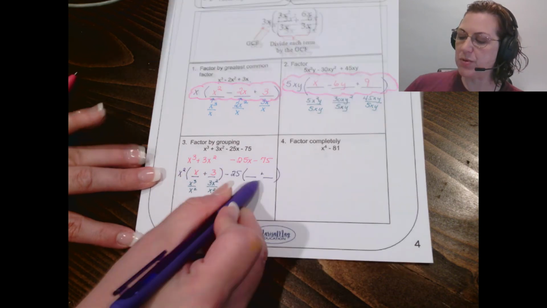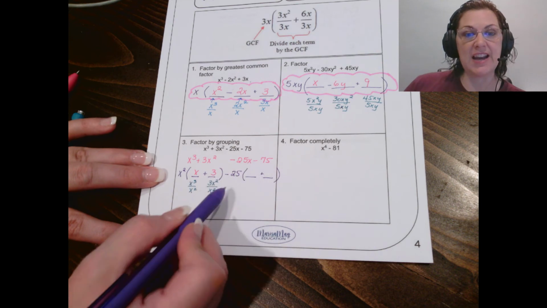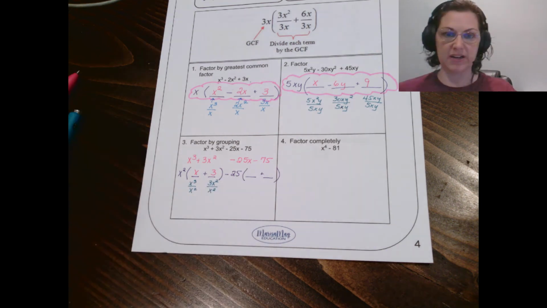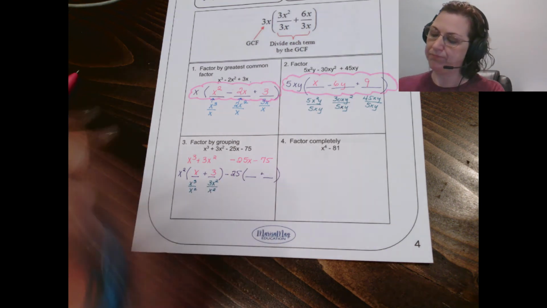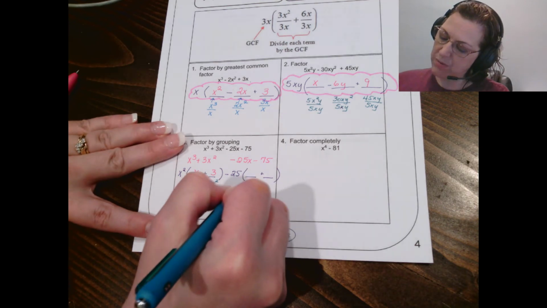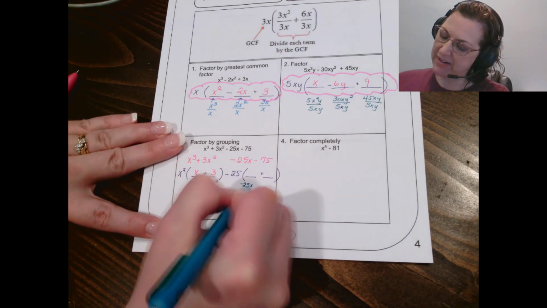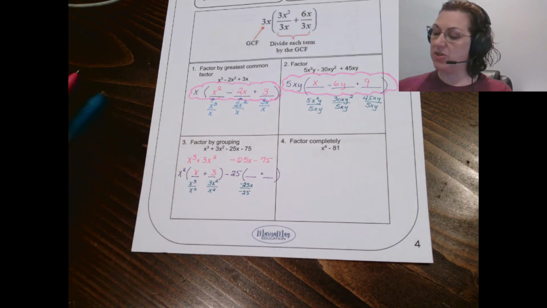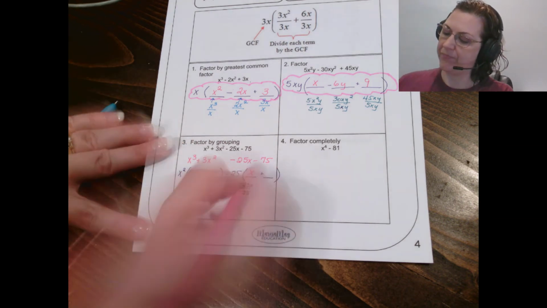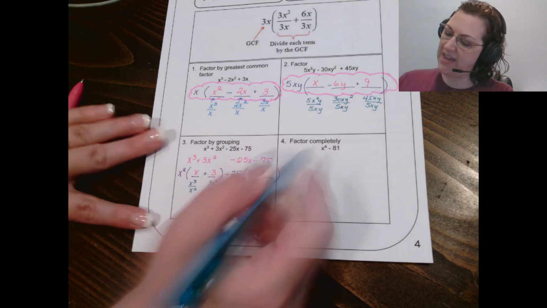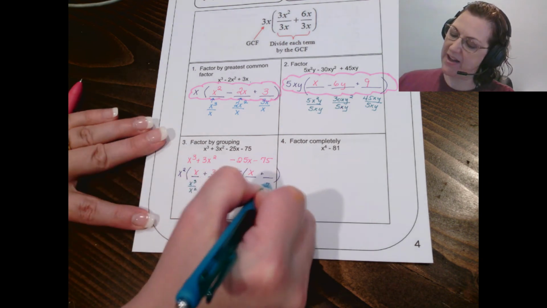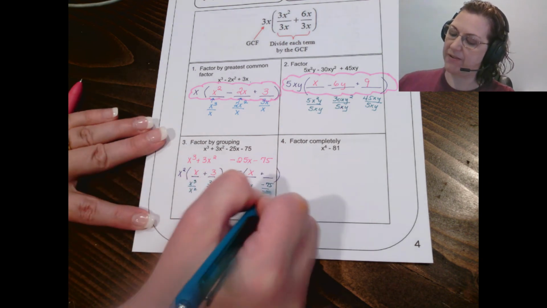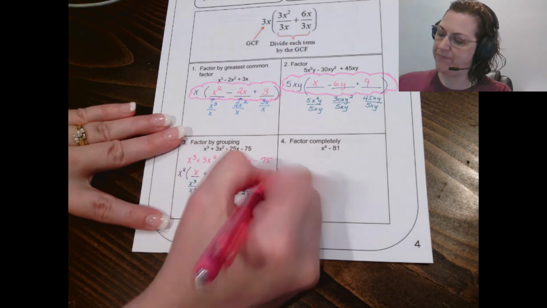I changed it to a plus because when I pull out that negative 25, it's going to give me the opposite sign. So now I'm doing negative 25x divided by negative 25, and that leaves me with just an x. And then negative 75 divided by negative 25 gives me a 3.